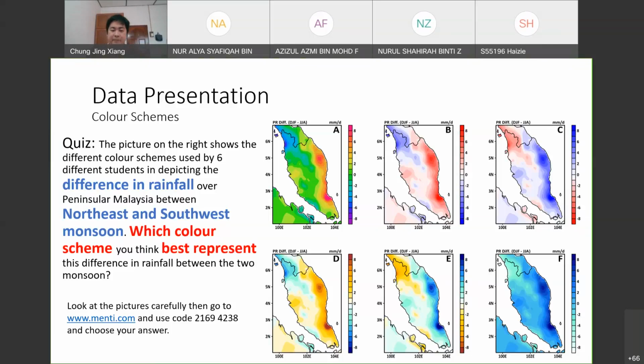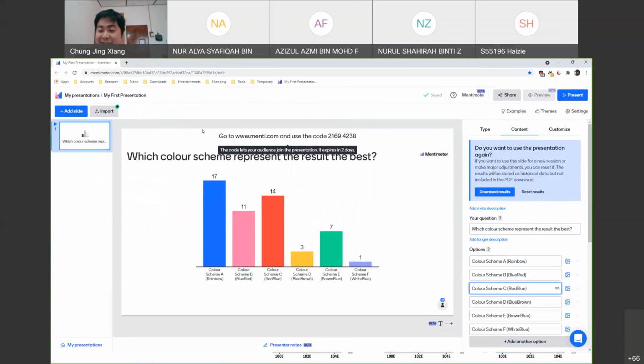Okay, regardless. All right. Can you guess what is the most popular color choice when you look at this? Let me drag this here. Can you see this graph? So this is your choice.